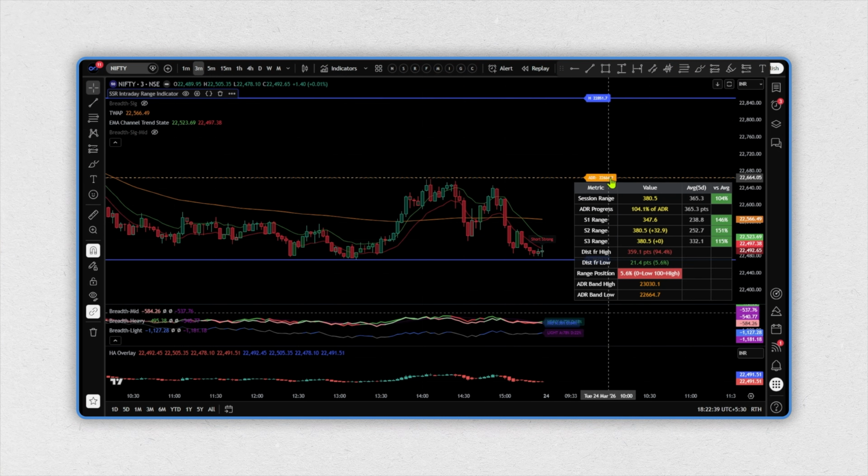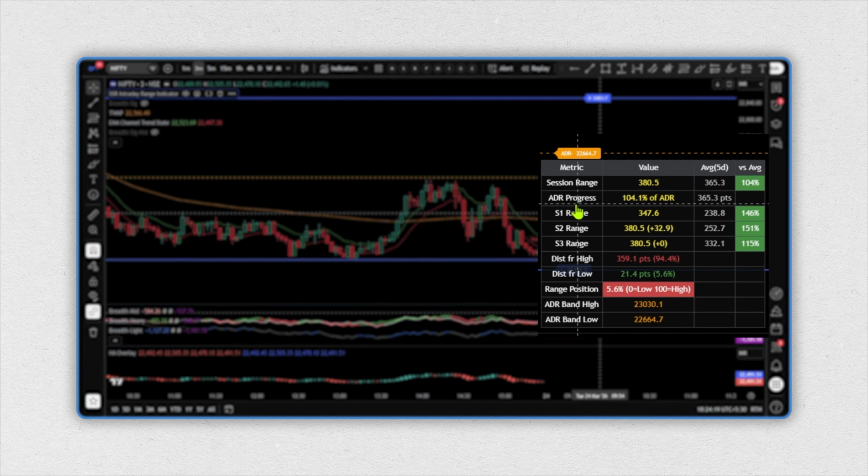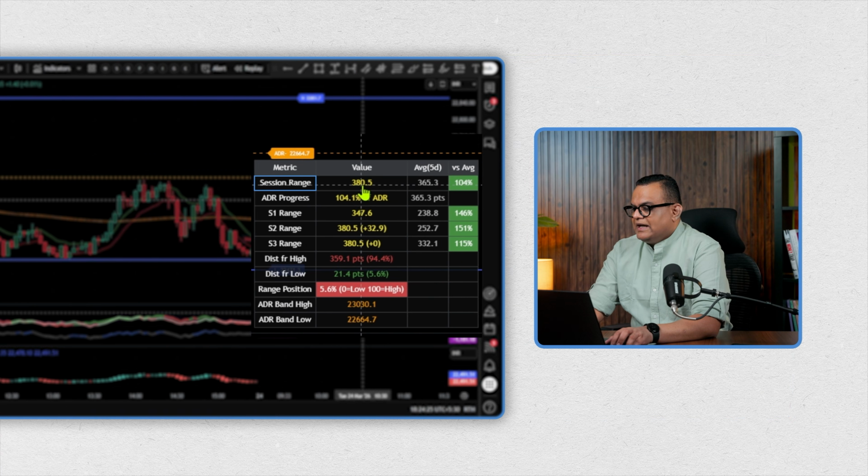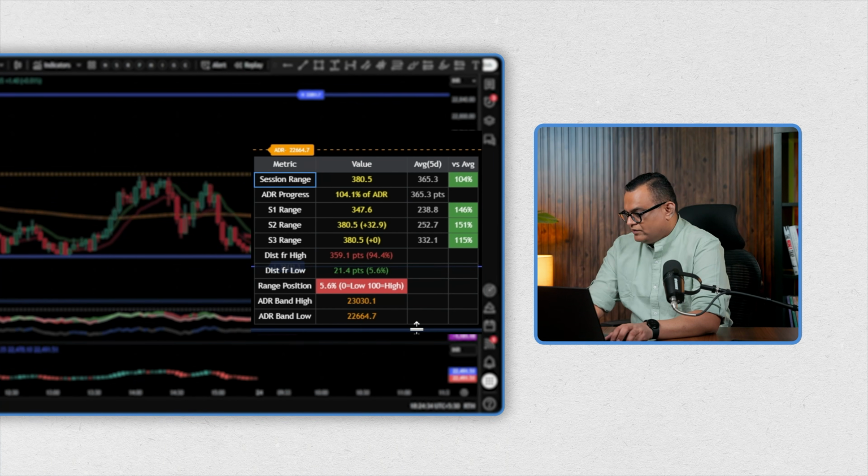As you can see in the table, there are a few metrics that we would need to keep an eye on during the day. The first metric over here is the session range, which is nothing but the high minus low calculation, which is actively calculated all through the day. Depending on at what time of the day you are looking at it, it'll tell you the high minus low value at that point of time.